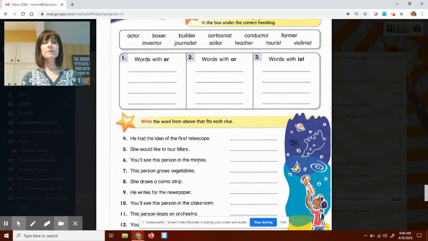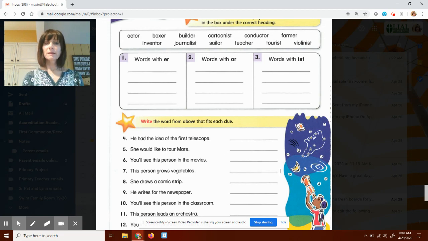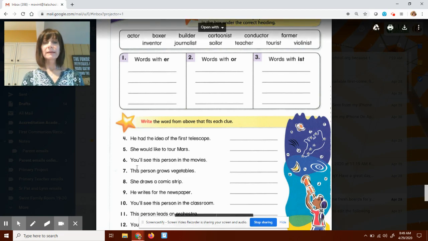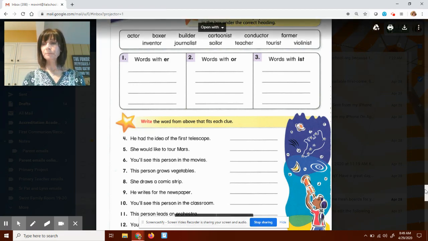You'll see this person in the movies. And so forth. If you're not sure, don't guess. Do the ones you're absolutely sure of, and then come back to the ones you're not. For instance, I would say everyone knows that you'll see this person in the movies. That's going to be an actor. So you know you can put actor right along there.